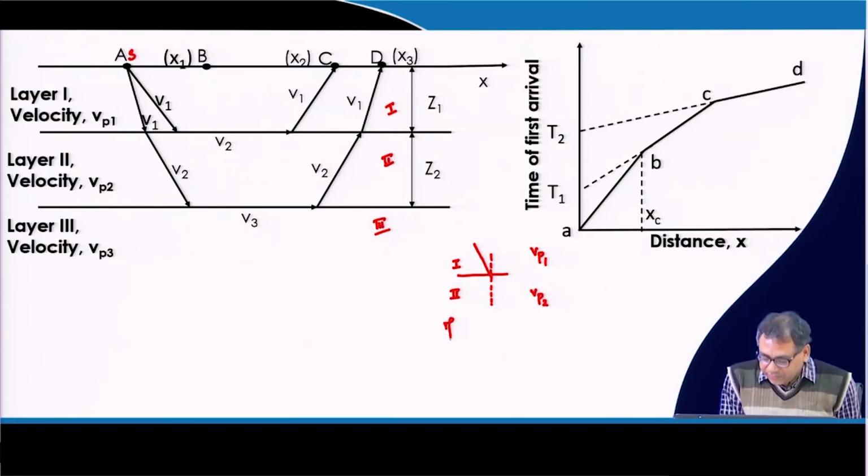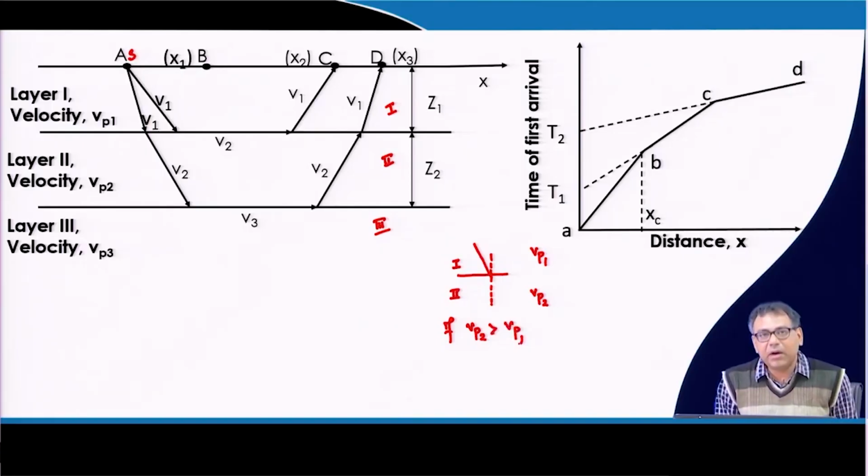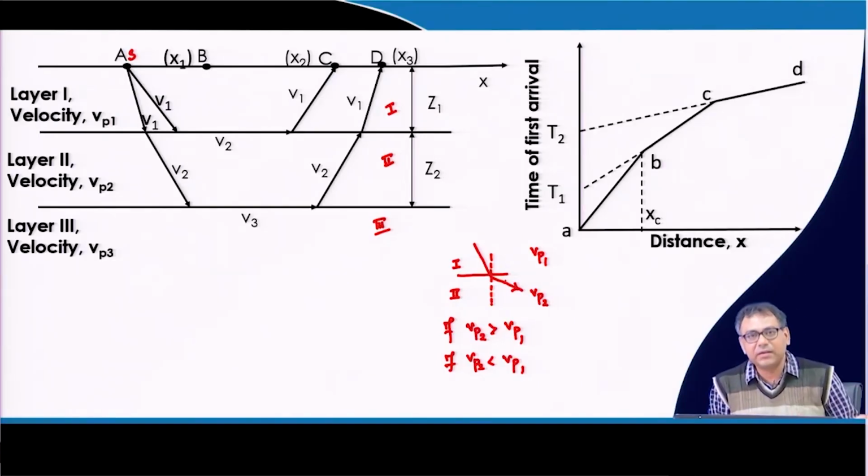Now, if your Vp2 is greater than Vp1, then what will happen? The refracted ray will go away from the normal. But if Vp2 is less than Vp1, then the refracted ray will travel towards the normal.